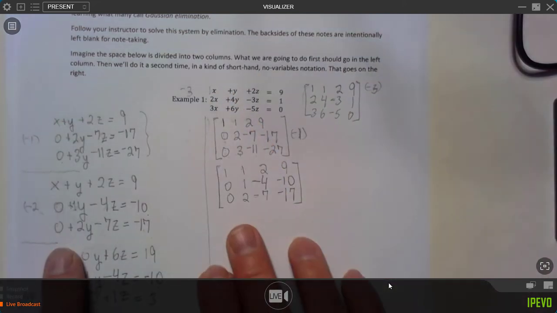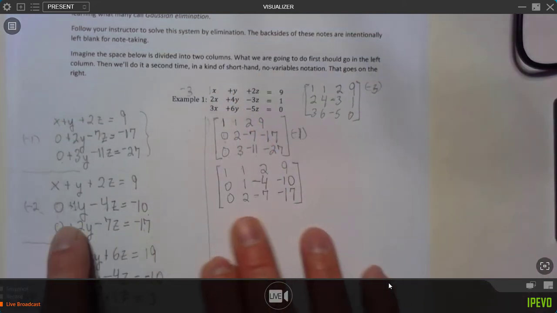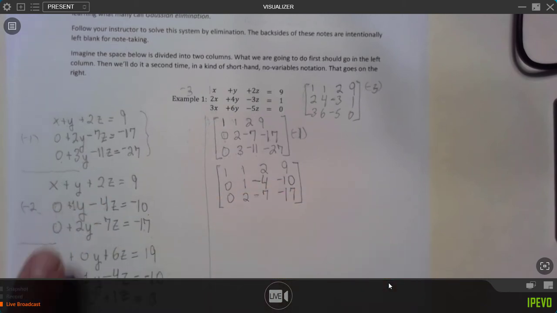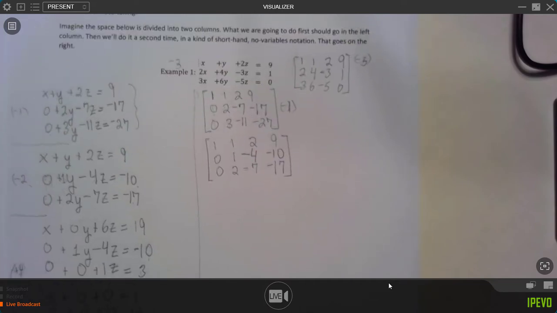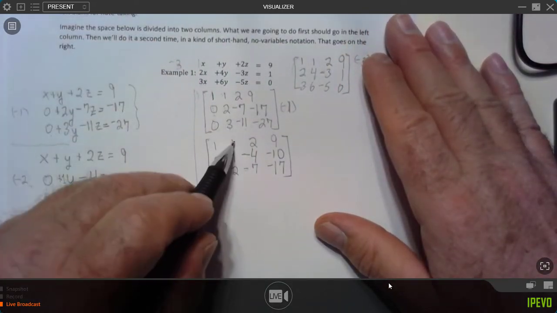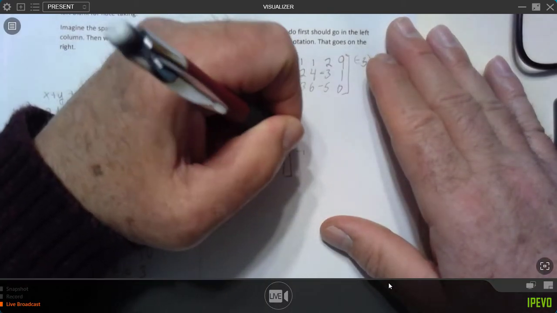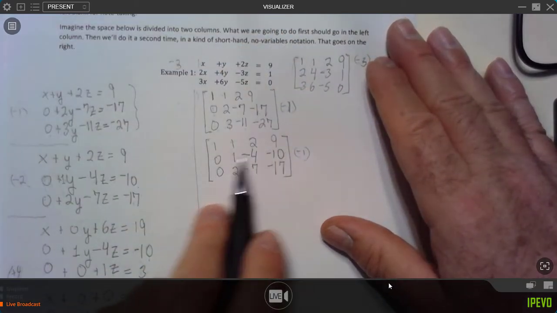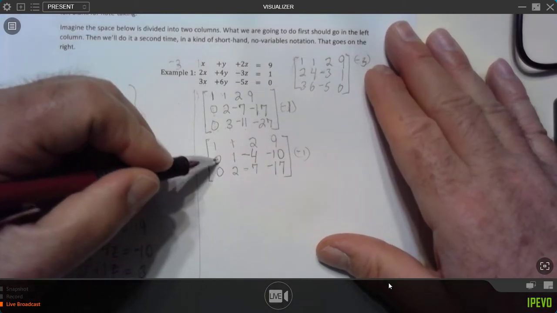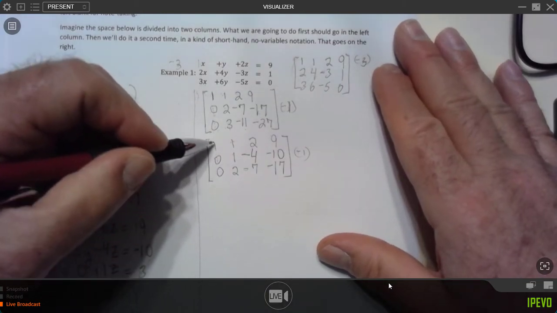And we should see a pattern here. They should agree. Looks like they do. So this means this. Okay, now I'm ready to use this 1 to get a 0 here and here. So I'm going to start out with minus 1 times the second row, add to the first. And keep in mind, we're going to be taking multiples of 0, adding up here and down here.